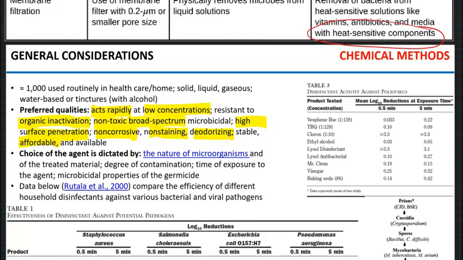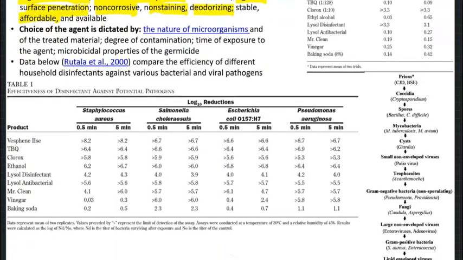So the general rule for chemicals is that the better it is at controlling microbes, the more toxic, aggressive, or corrosive it is. And I will show it to you in multiple examples. So when you choose the agent that you need, consider the nature of microorganisms.